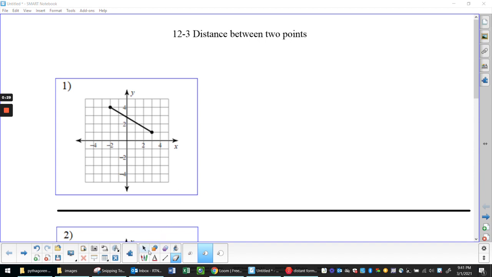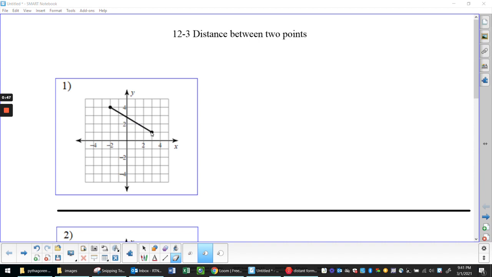So what we're going to do is, we can't really go, okay, this is 1 or 2 or 3, because the diagonal distance here cannot actually be measured by counting, because you could see that these are not crossing at good points, right?